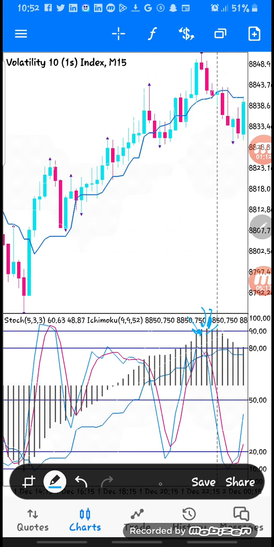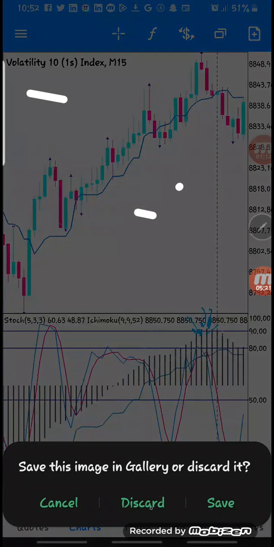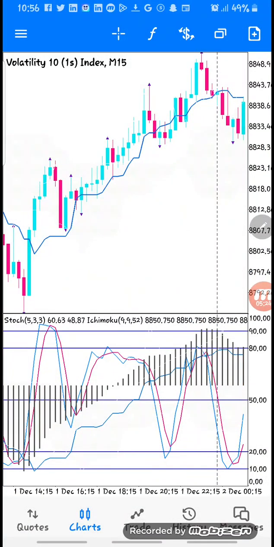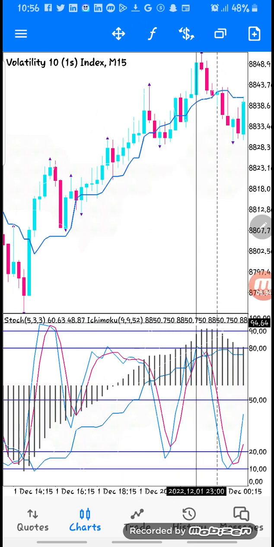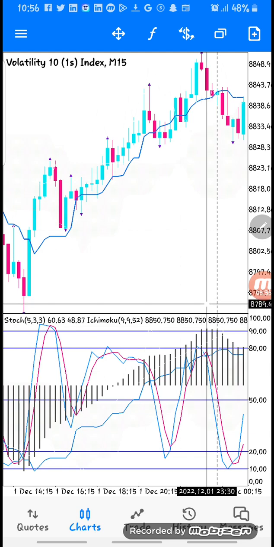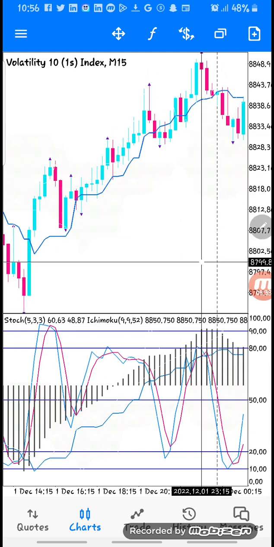Let's go to this thing. Let me explain more there. You can use it on MT4 or MT5, it works the same. Like here you see these candlesticks. These MACD sticks are aligned with the candles, each candle.